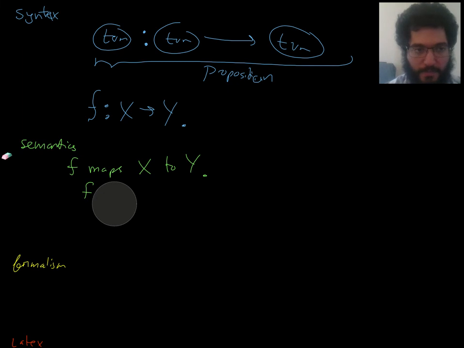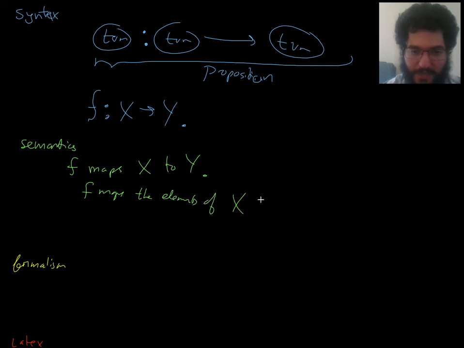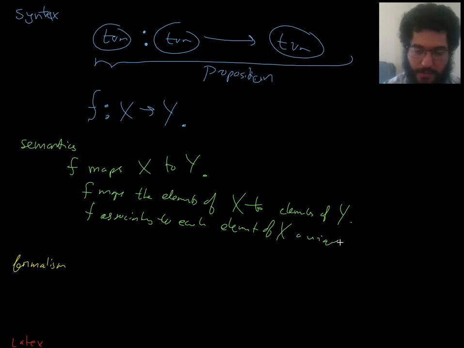When we say f maps x to y, that's really short for saying f maps the elements of x to elements of the set y. So, in other words, f associates to each element of x a unique element of y.